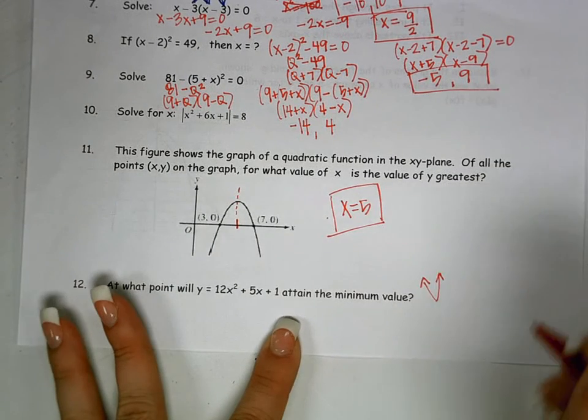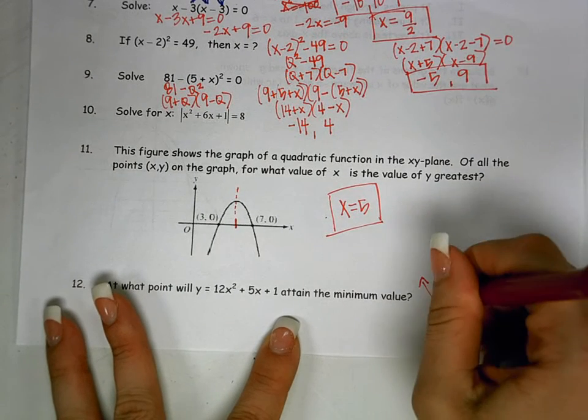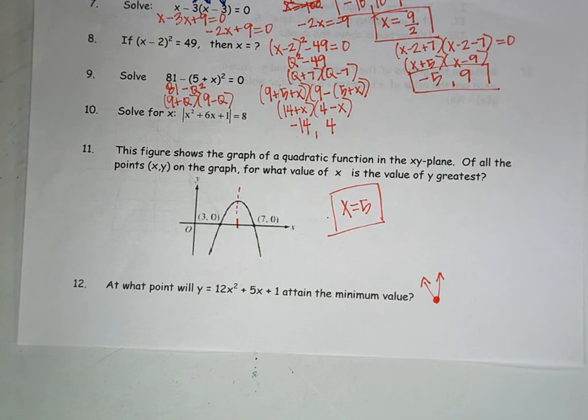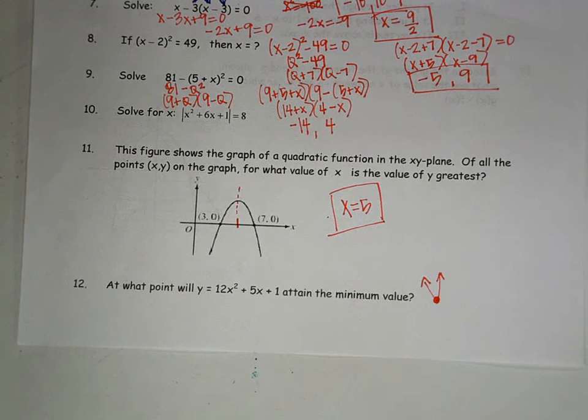So if it's facing up, it has a minimum value. I'm basically asking for its minimum. The x portion or the y portion of the minimum? What's the point? So isn't it both? At what point will that be the minimum value?